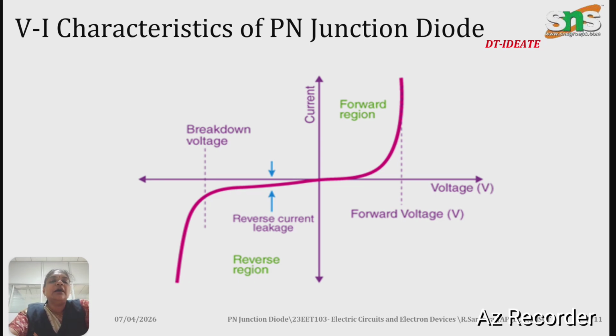After a point, the graph increases steadily. That particular point is called the knee voltage, where the steady current is achieved. In reverse bias, a small reverse leakage current is there, and after the breakdown voltage, the graph follows a steady flow of current.